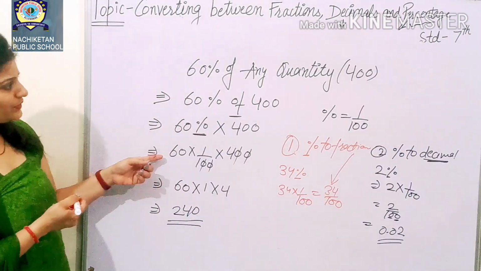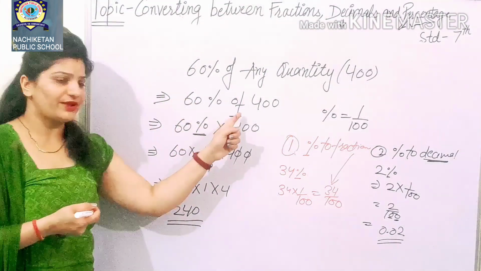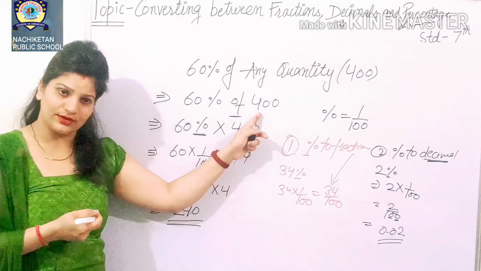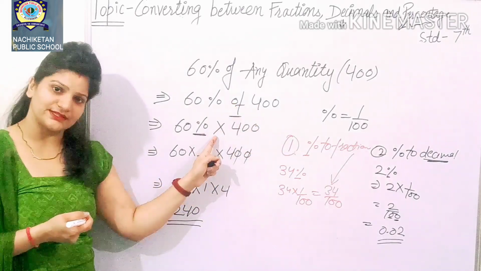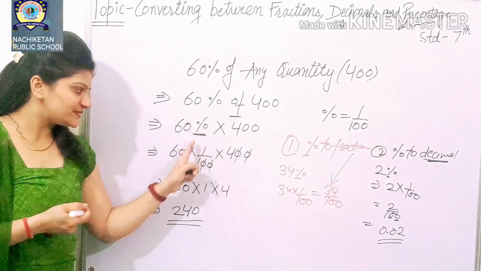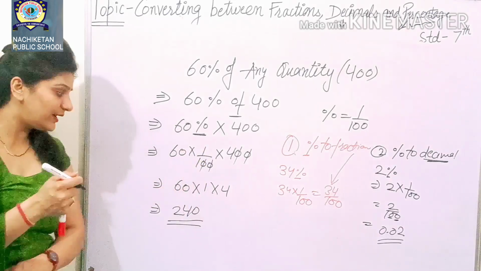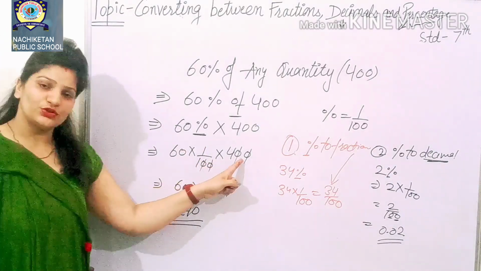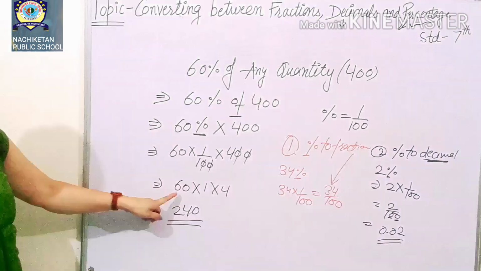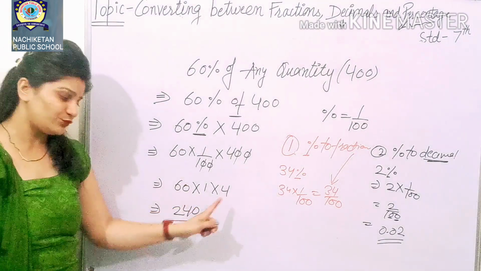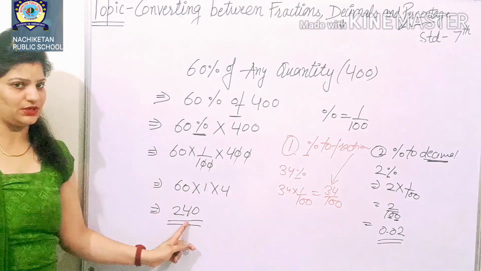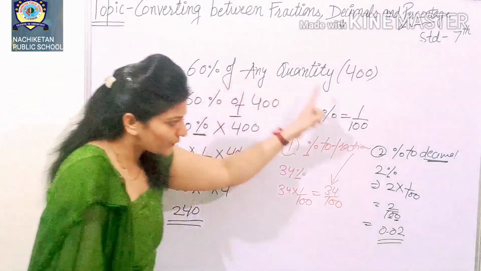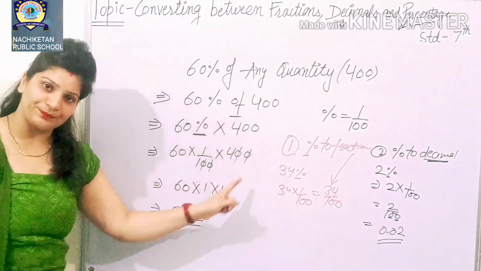And the third part we did 60% of any quantity, that is 400. Firstly of changes to multiply, then percentage 1 upon 100, then cut these two zeros with two zeros and the remaining part is 60 into 1 into 4, that is 240. Clear? Hope so you understand about this topic.